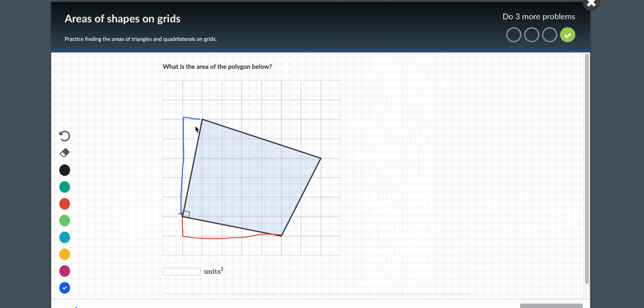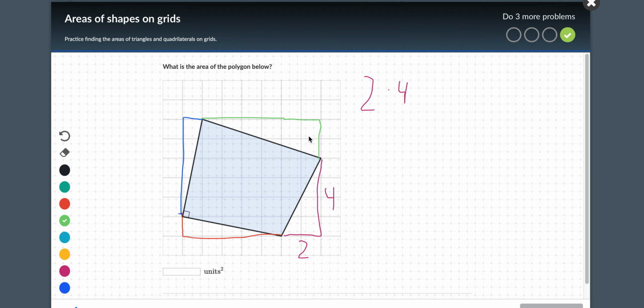Alright. So this one is 2 squares wide and 4 squares tall. So 2 times 4 for this one.